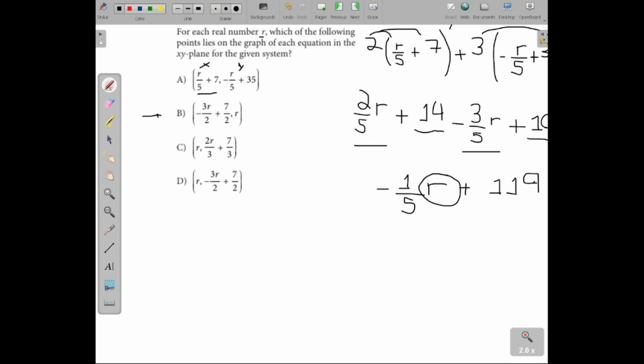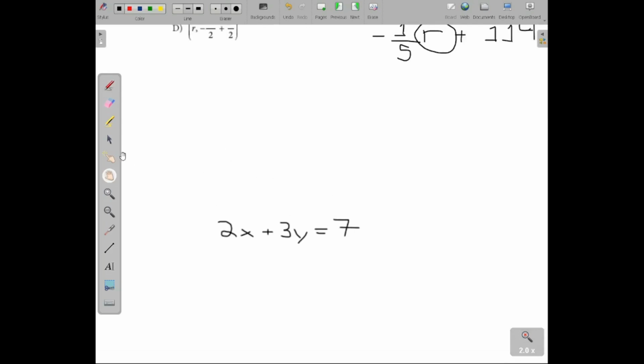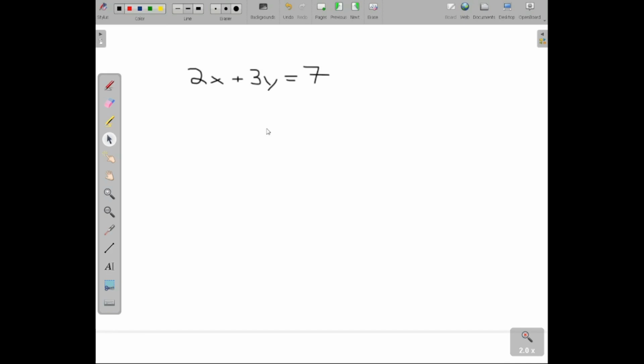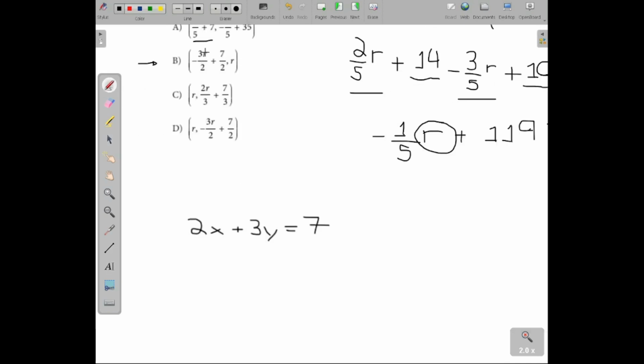Let's try with the choice B points. So we have the equation, and let's replace these values for this x and for this the value of y.